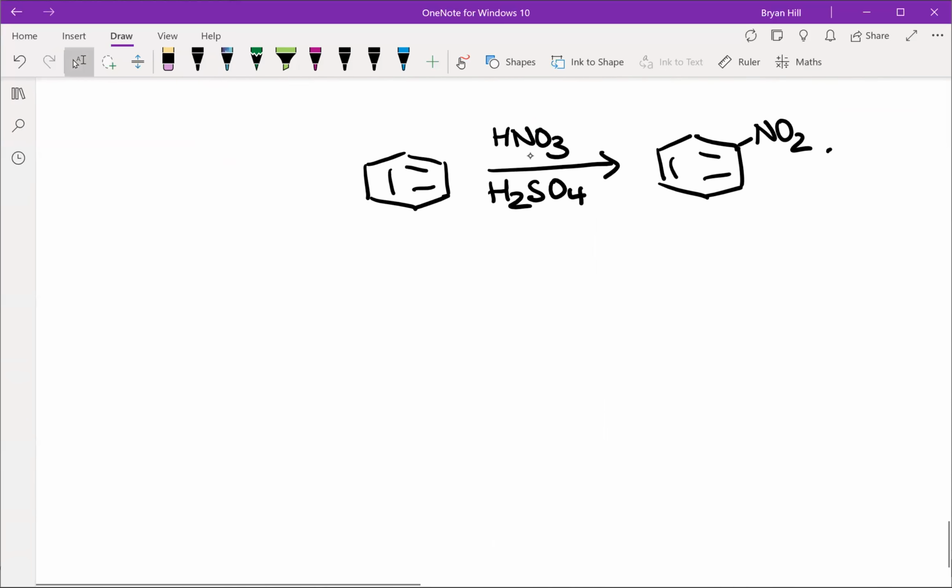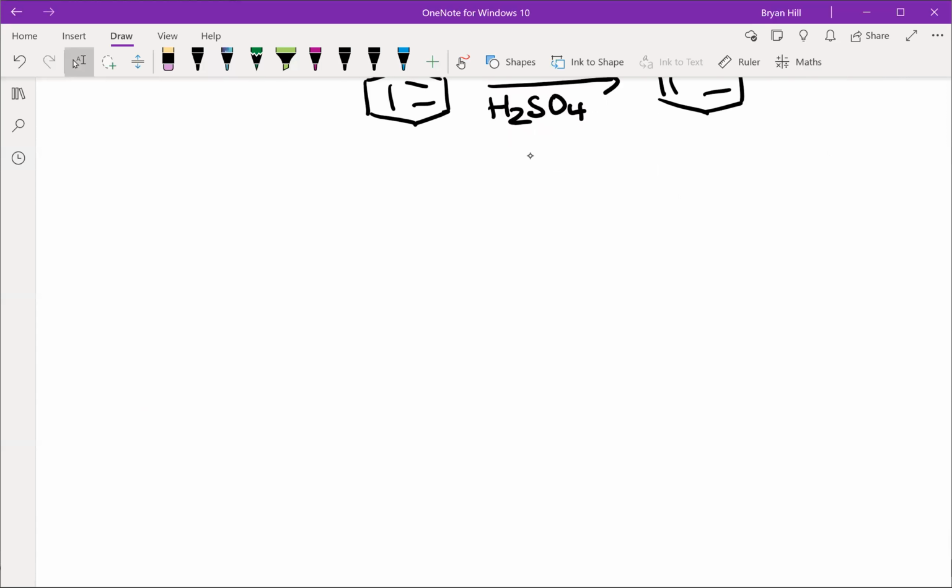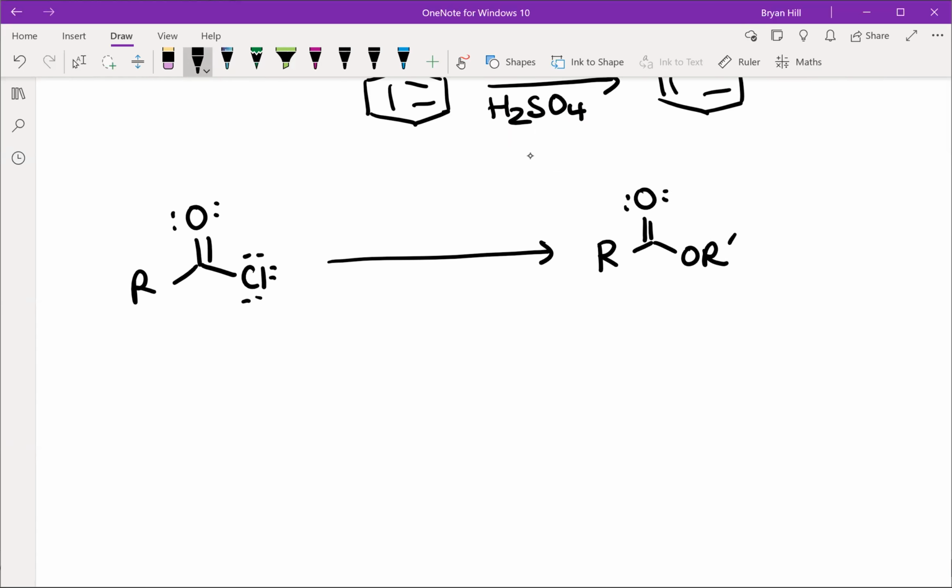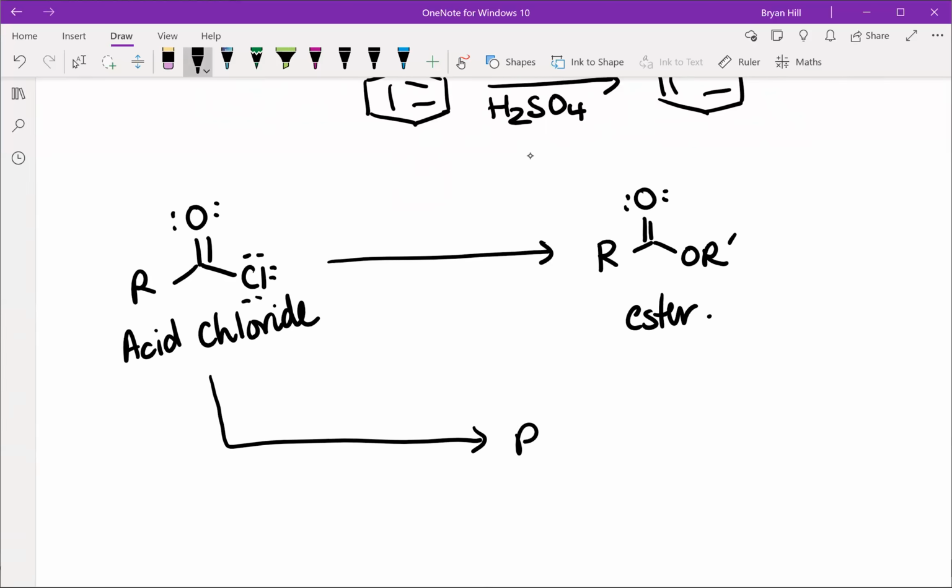And I guess the last general class of reaction that we should talk about is, if you've got, for example, an acid chloride, and now you've got an ester, or you could use an acid chloride and you can make an amide.